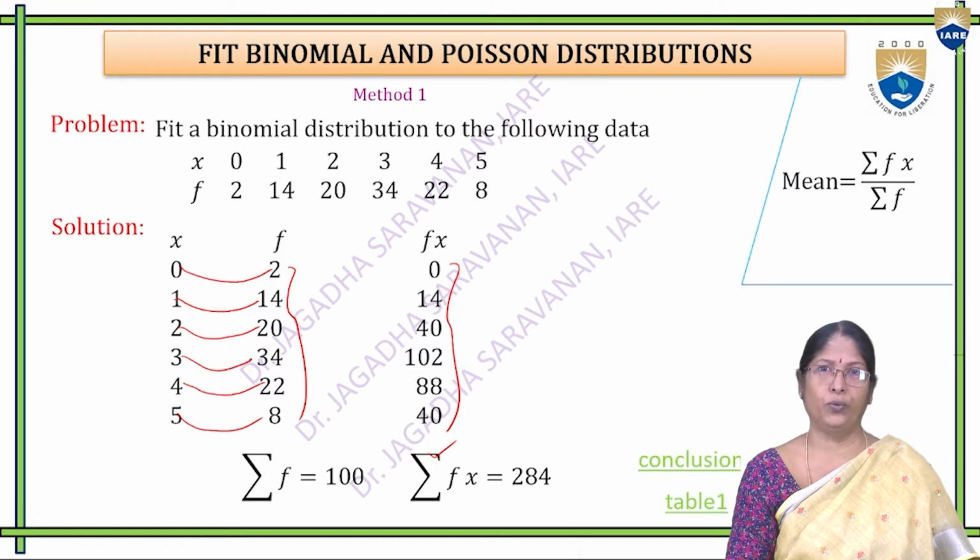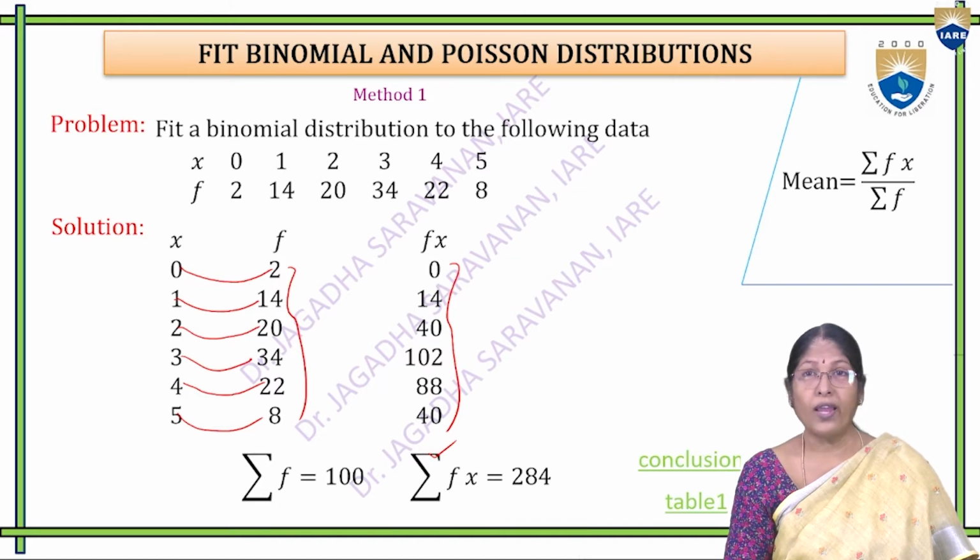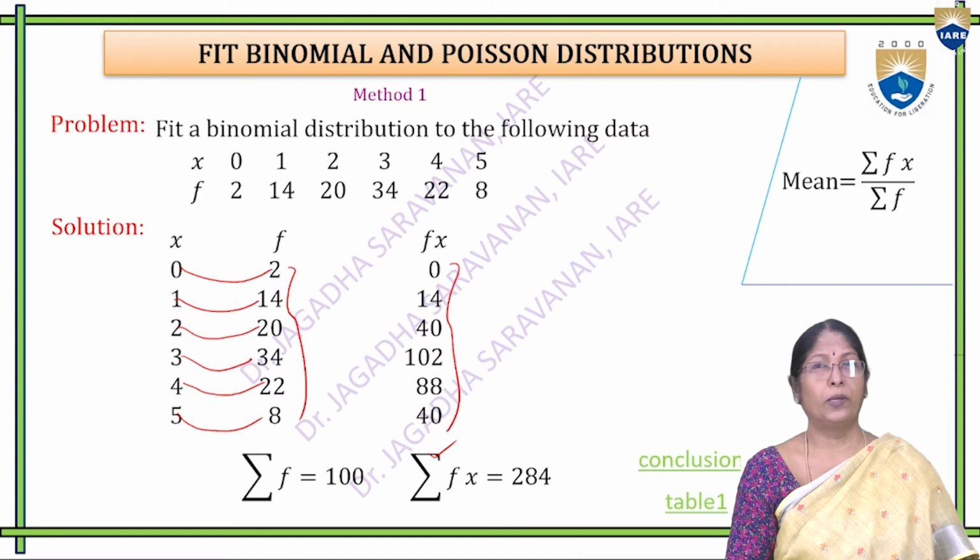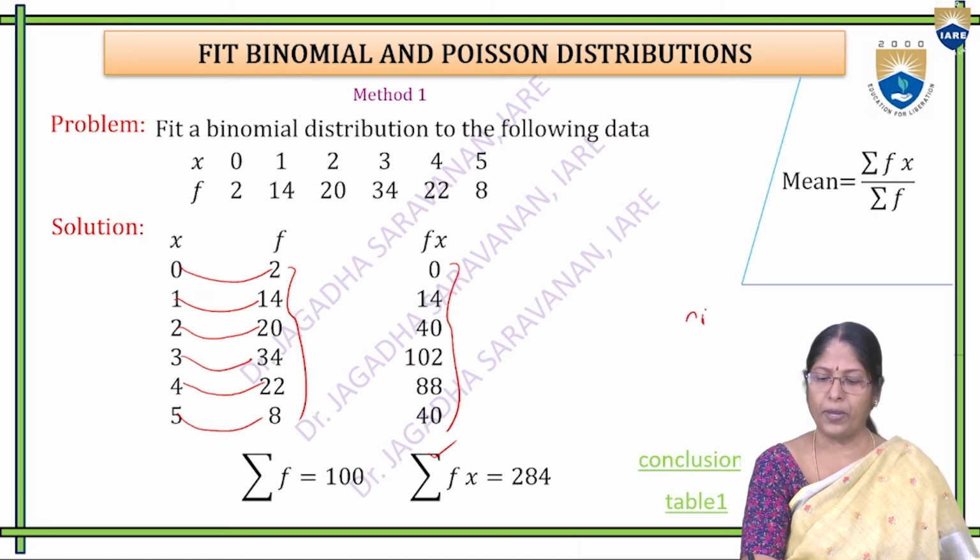Why do we have to do this? The main thing is we need to find P. The mean of the binomial distribution has the formula NP.